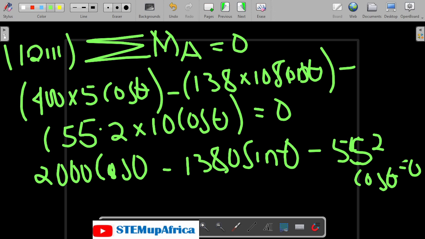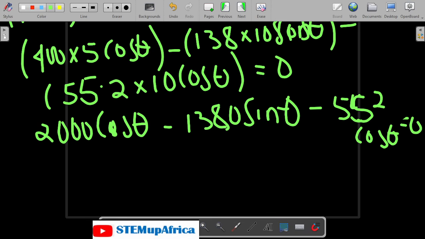So I will add those I can add. I can subtract 552 cos theta from 2000 cos theta. So 2000 minus 552 will give us 1448.